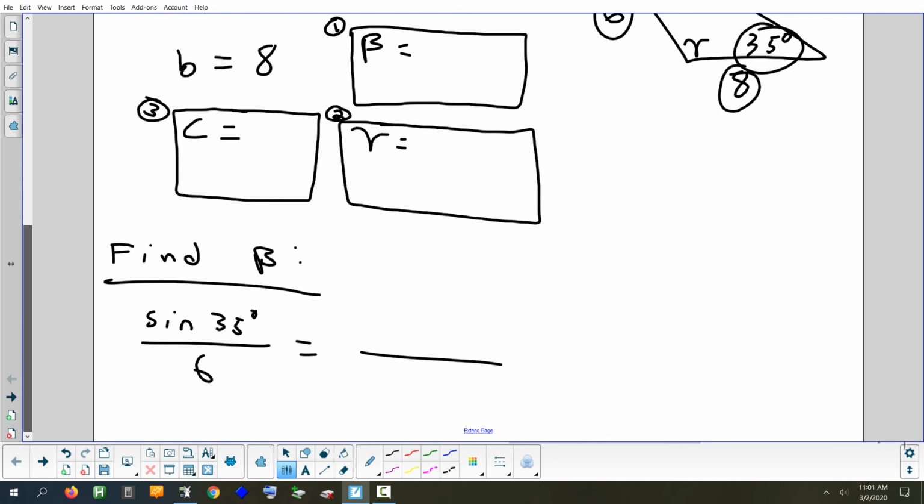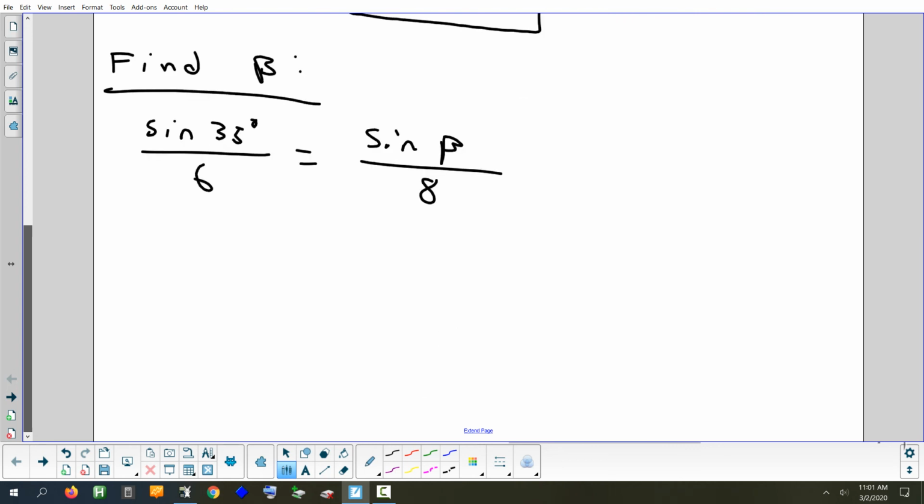So it's got to be a fraction, something in the top, something in the bottom. Think about how we set up the left side, and it's going to be set up the same way on the right, except with row 2. Sine beta over, yep, and what is B? B is 8. Okay, so sine beta over 8.